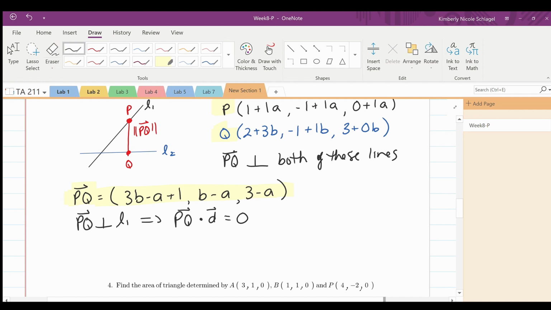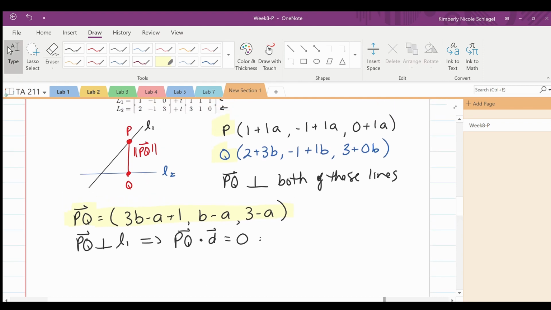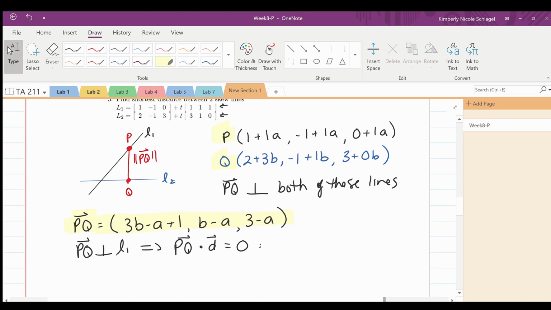So I'm going to dot my PQ with my direction vector. My direction vector, if you recall, is just this right here. I'm going to dot my PQ vector with my direction vector and set it to 0.